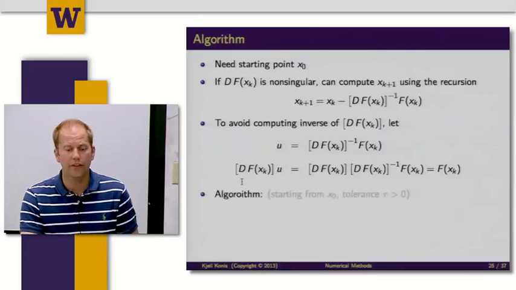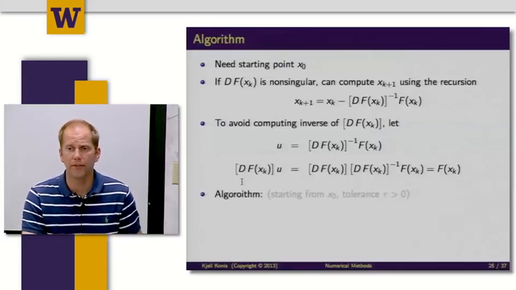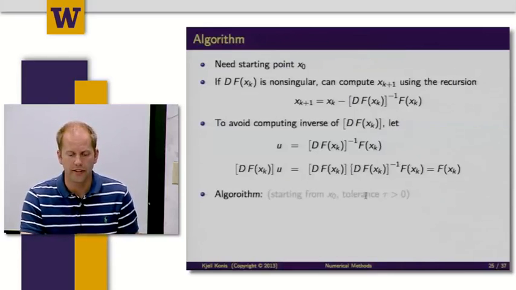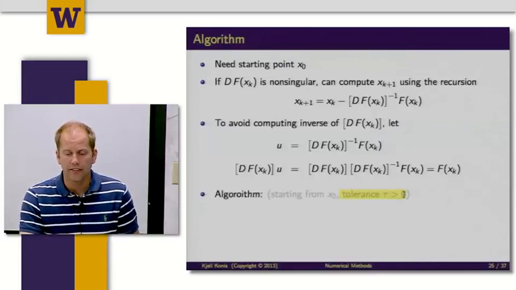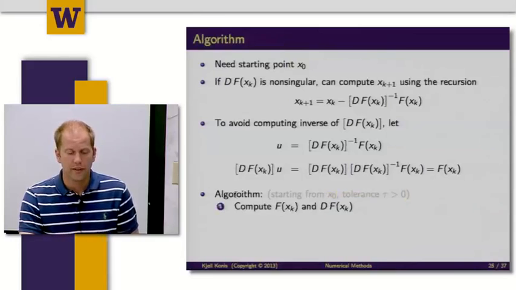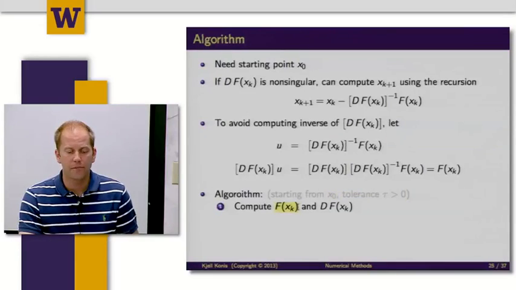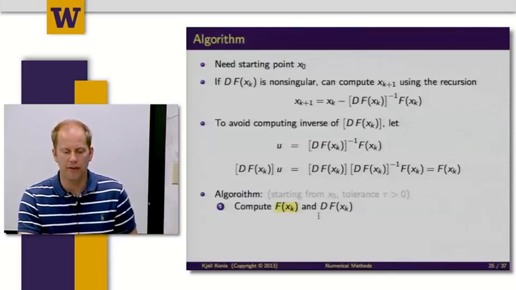So the algorithm that I'll end up using to compute the n-dimensional Newton's method, so I have a tolerance tau greater than 0 and a starting point x0. And so for the kth step, I have to compute this vector f of xk, but this is just a vector of numbers now.